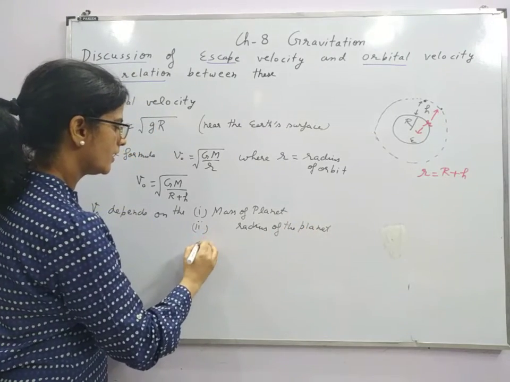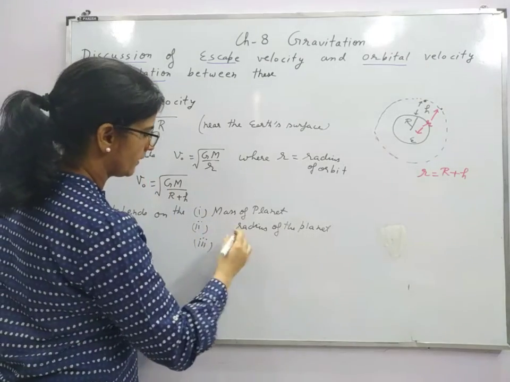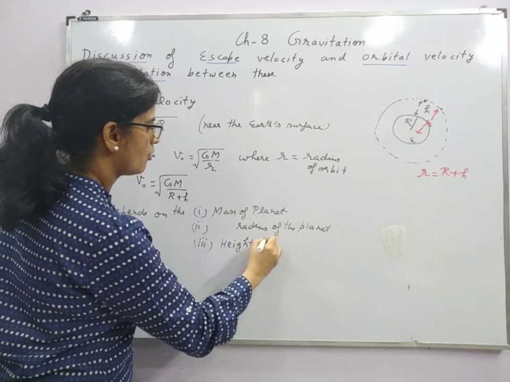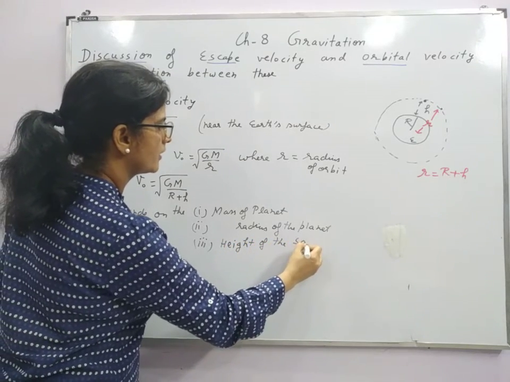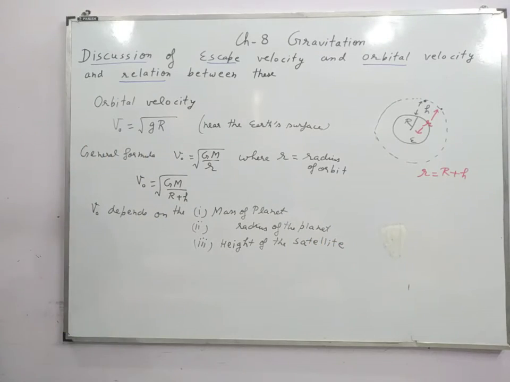And the height of the satellite above the planet surface. So you can say height of the satellite. So on these factors, this orbital velocity depends.